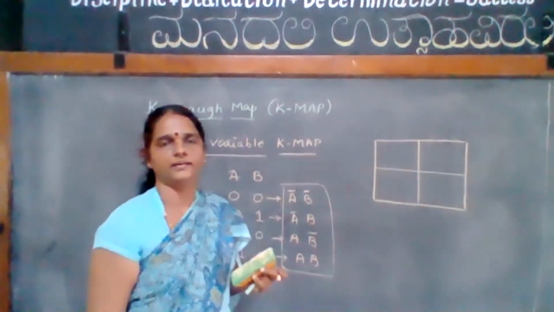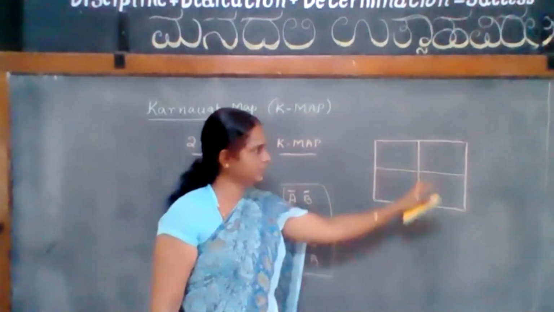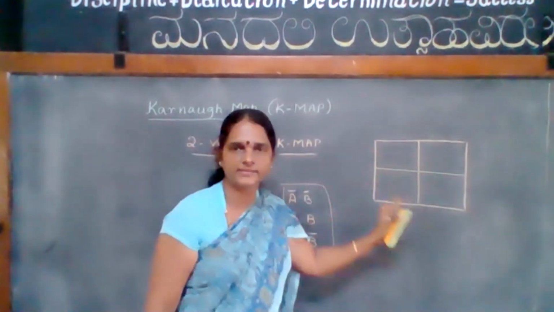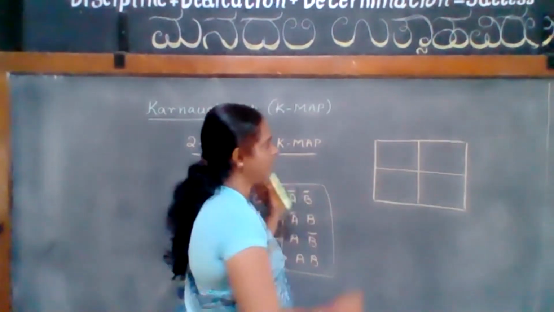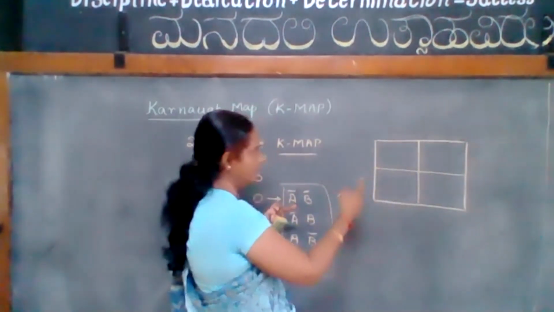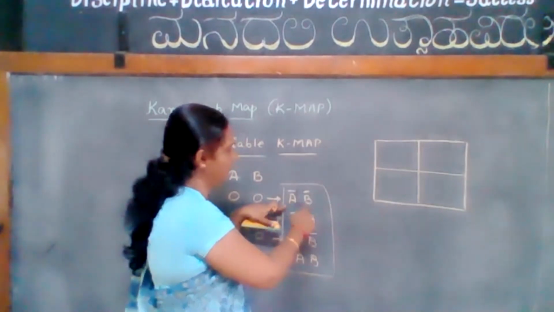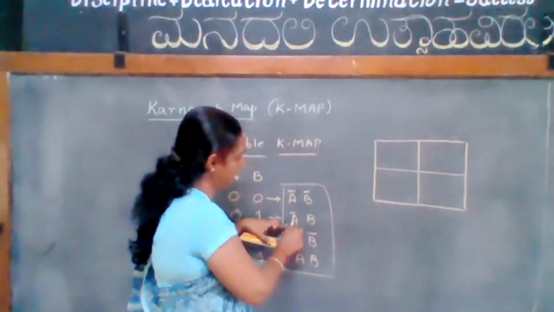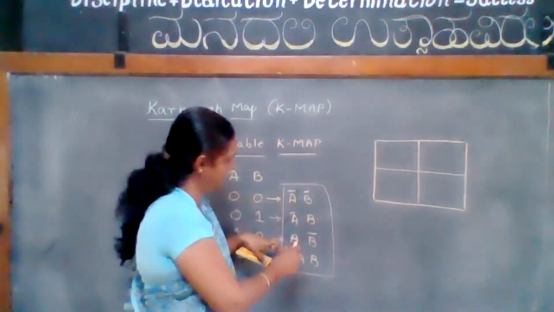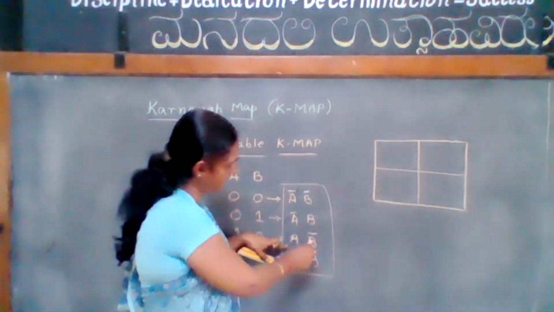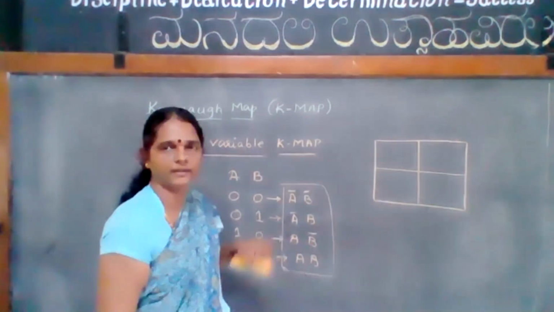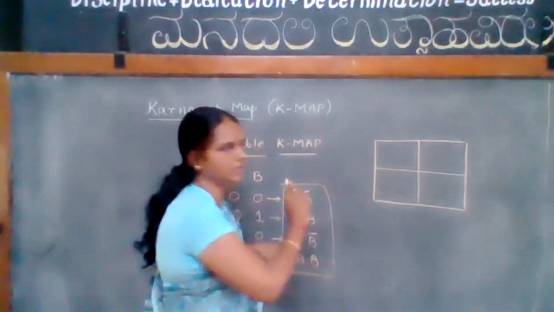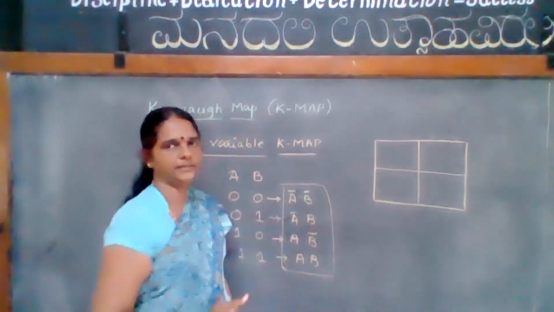For that, we are writing four cells like this. Now we need to represent which cell belongs to A complement B complement, which cell is to be filled with A complement B, which cell with A B complement, like that. So there should be some particular cell for these minterms.